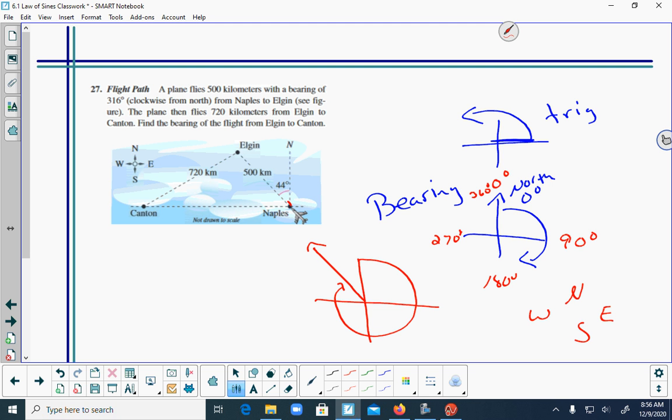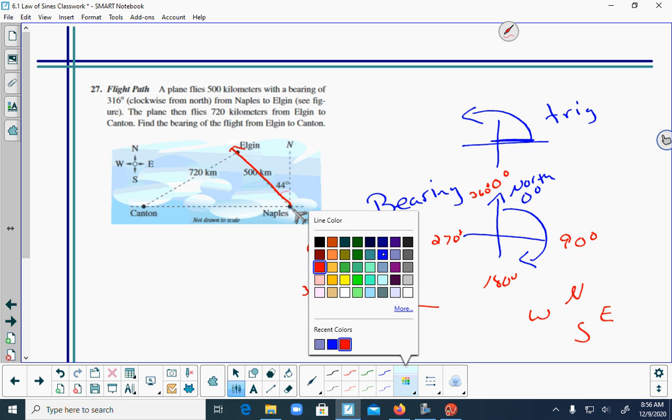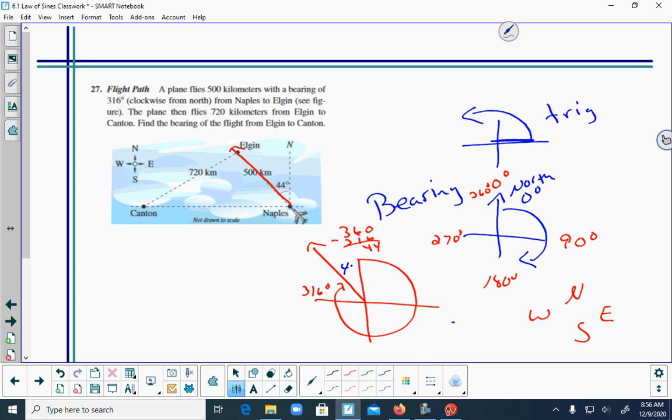All the way around a circle is 360 degrees, so if I take 360 and subtract 316, I'm left with 44 degrees. That's how they get this 44 degrees. That makes sense to me.